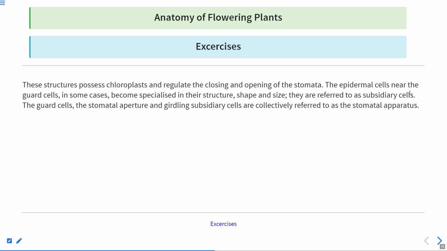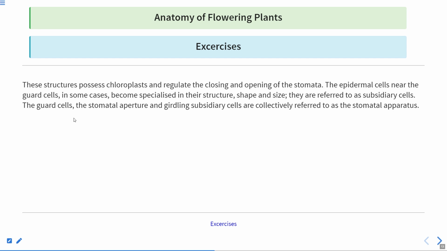Some of the cells get modified, specialized in their structure, shape, and size, and they are referred to as subsidiary cells. Very important: the cells surrounding the guard cells are specialized and are now called subsidiary cells.